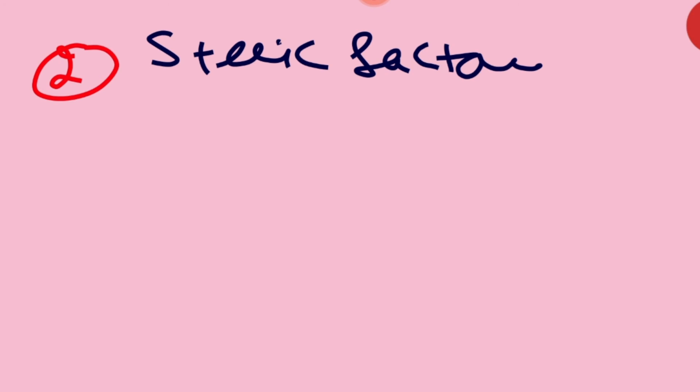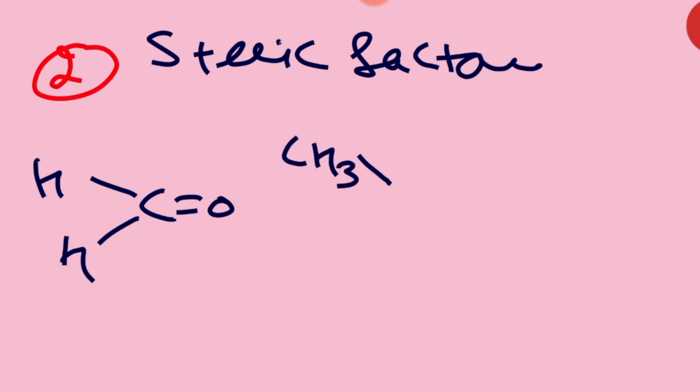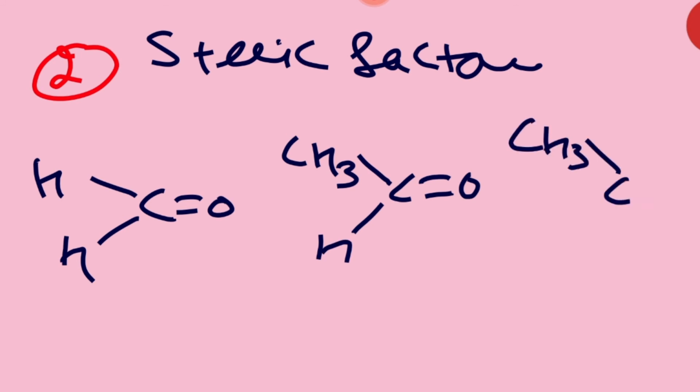You just see, I am writing it with an example. This is formaldehyde. Now see, this is an aldehyde. It's the same thing, we are just explaining it with different factors. Now you know very well which is more reactive.